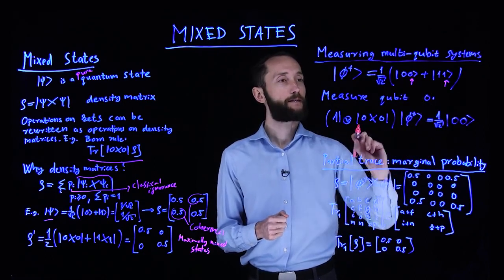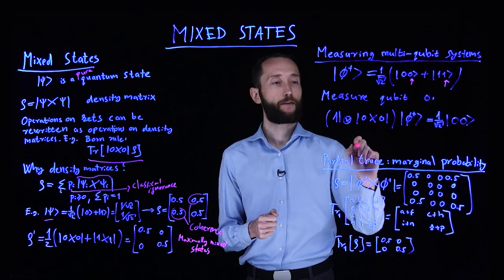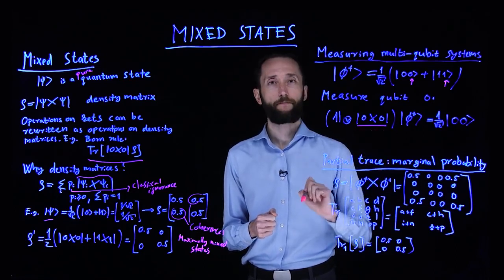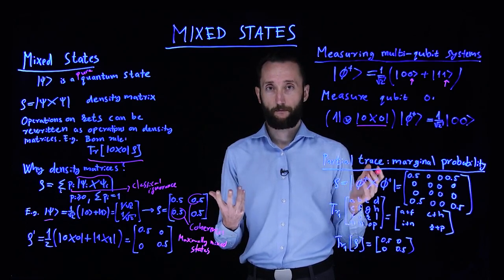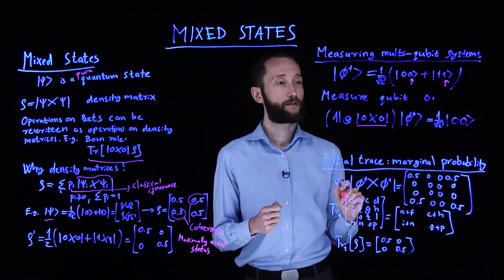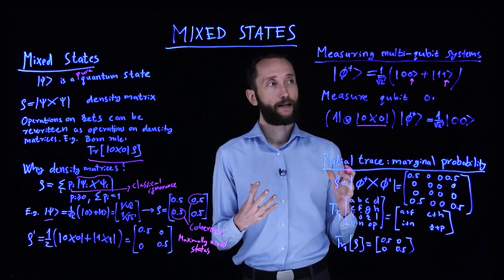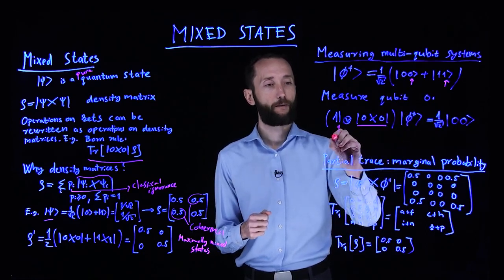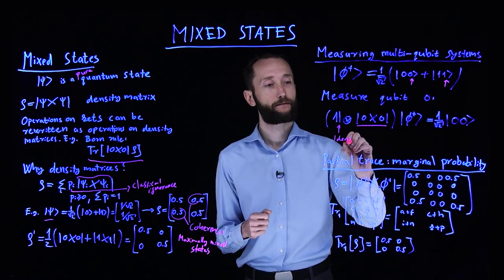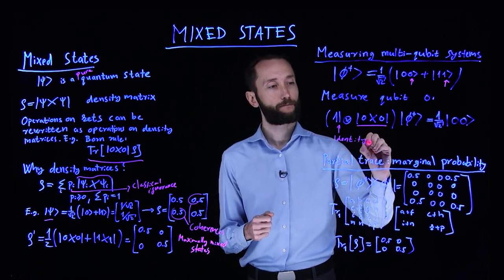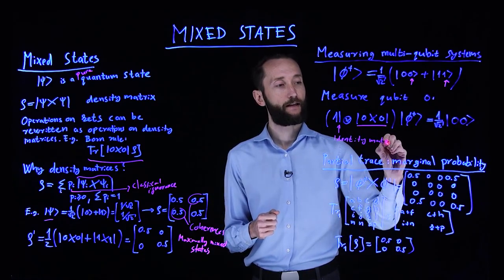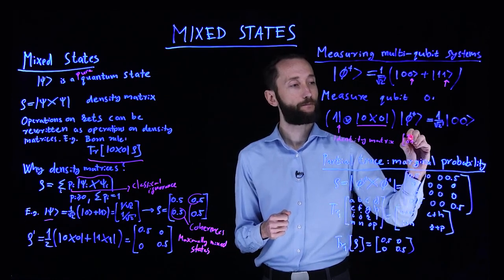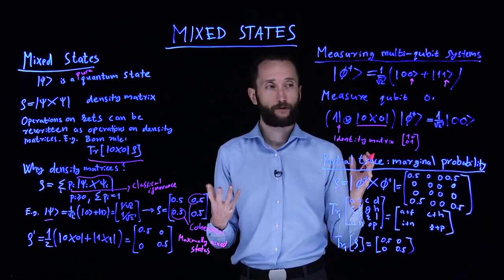So if we measure this and we get the outcome 0, we model it in this form. So this is the measurement operator, just the projection to the first basis vector. And we are not doing anything on this qubit, and we model it by applying the identity matrix on it. So in this case, this is just 2 by 2, this form. This means that we are not doing anything on the qubit.